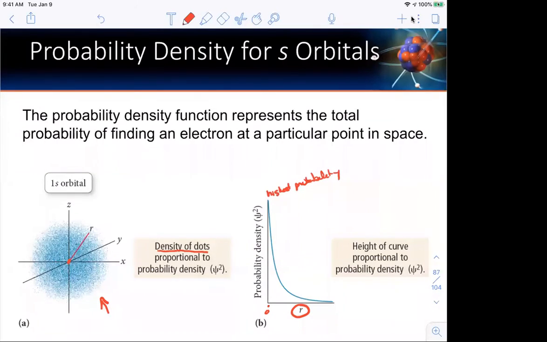And then as I go away from the nucleus, my probability is dropping substantially. So here I have very little chance of finding that electron. I've sort of exceeded the boundaries of that orbital space theoretically.